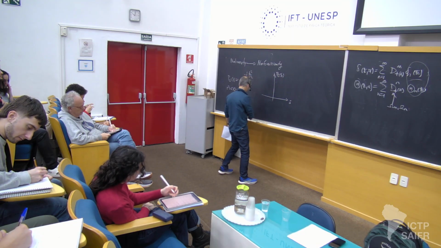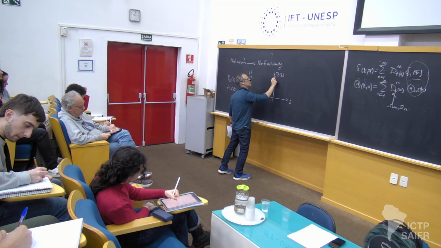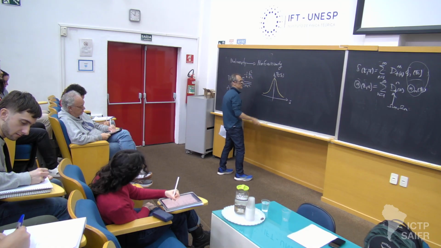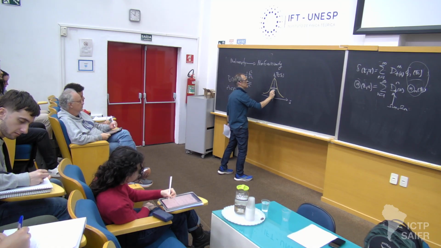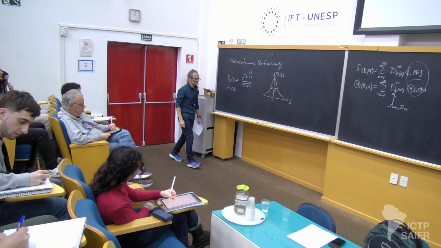And to make it obvious, I'm going to draw the Gaussian here. Sigma squared is the width of this at half maximum.